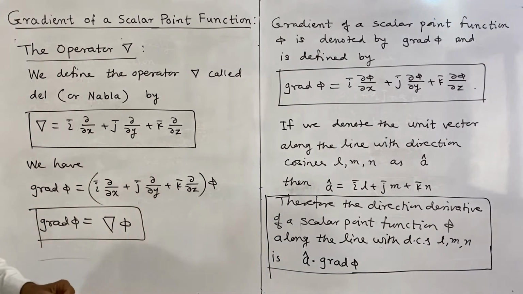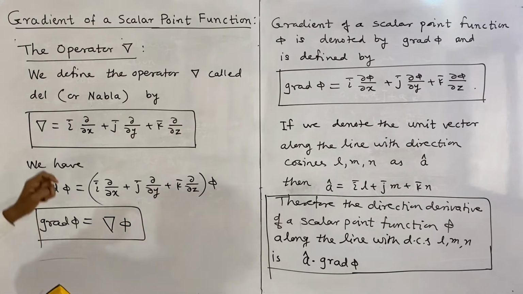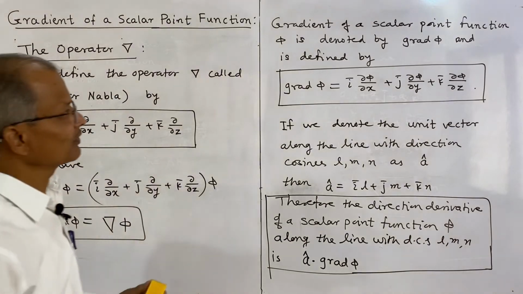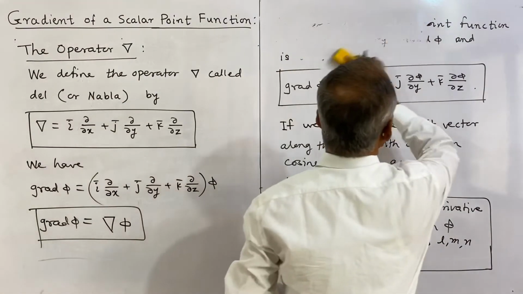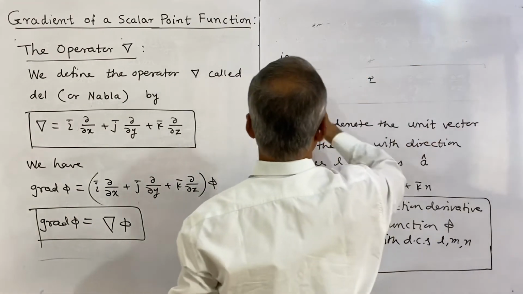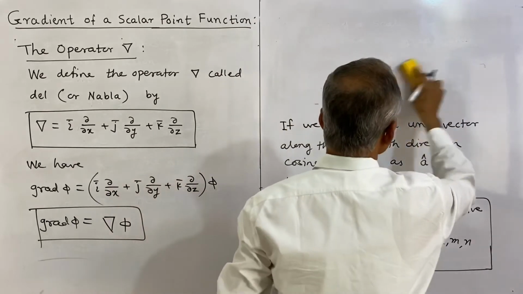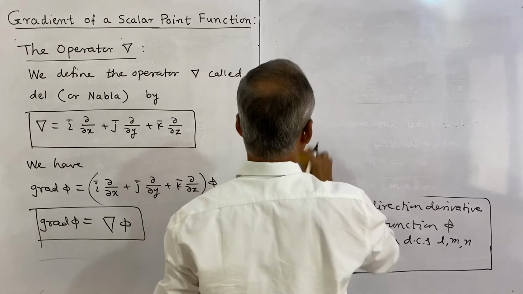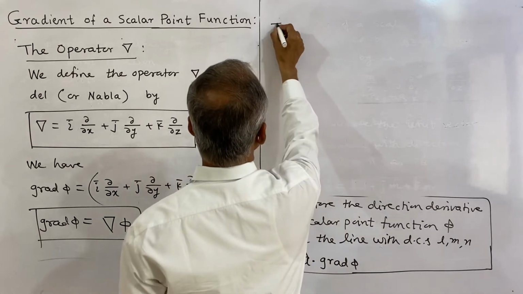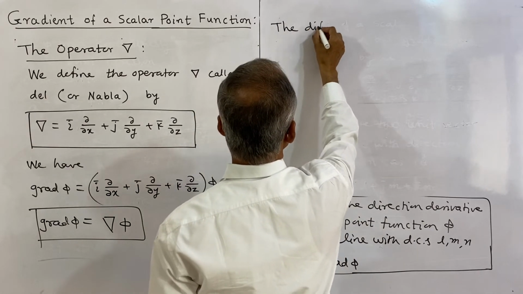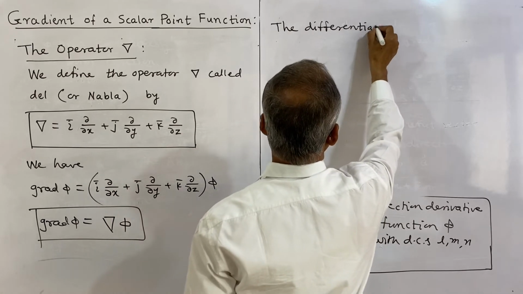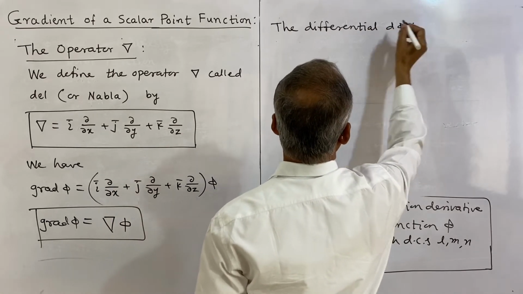So thus we have first defined gradient phi, then we have defined this operator del, and we have expressed gradient phi in terms of the operator del, which is del phi, and the total differential can now be written as the differential d phi.